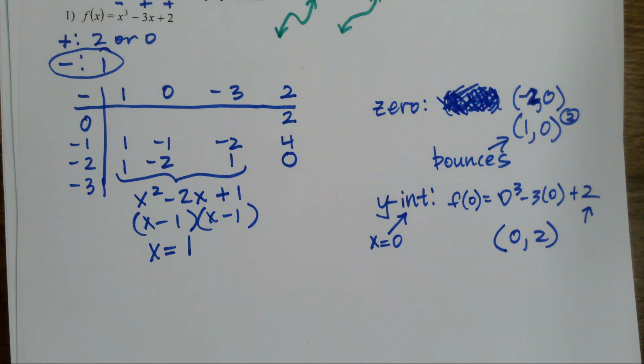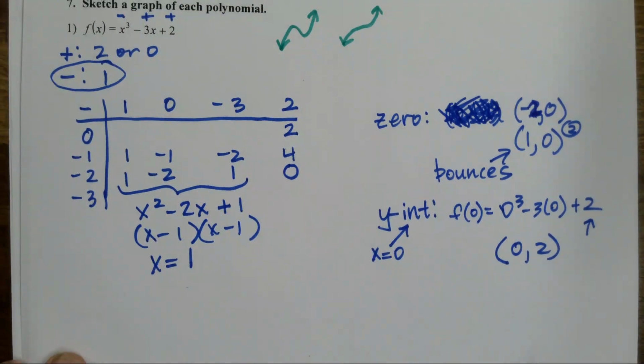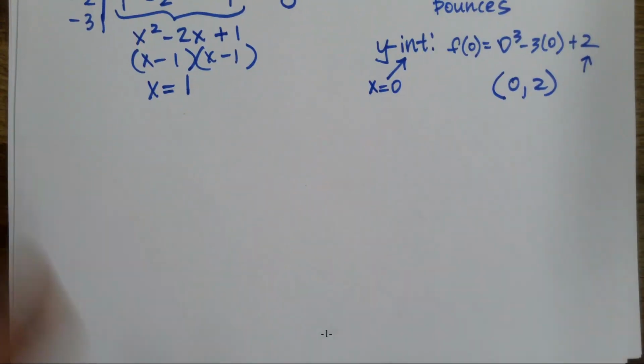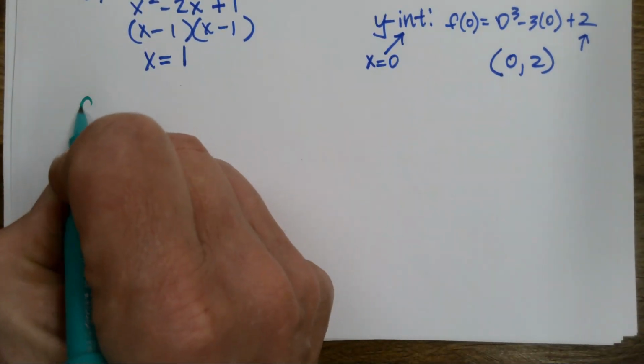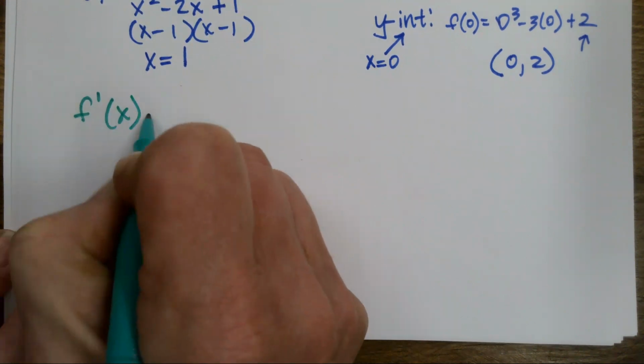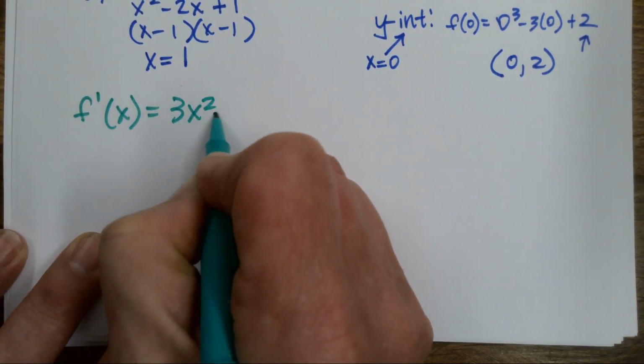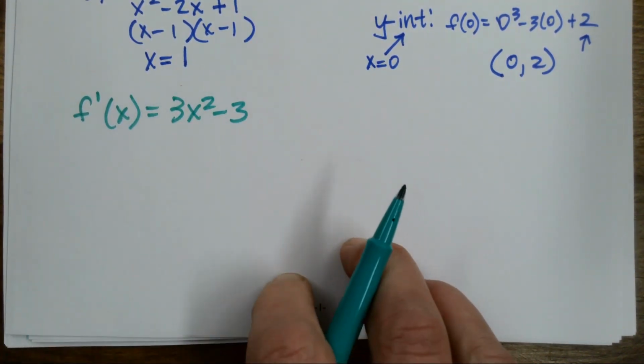Now I need to do the stuff from last chapter, and that's my mins and maxes. So let's see if we can remember how that works. This is step 5. To find your relative extrema, your mins and maxes, you take the first derivative and you set it equal to 0.